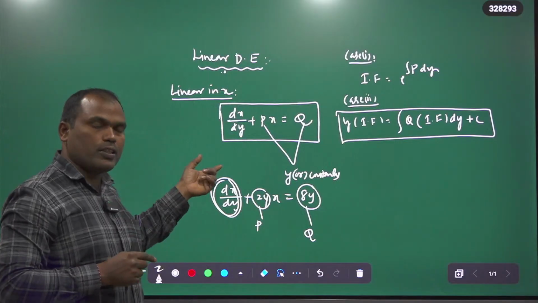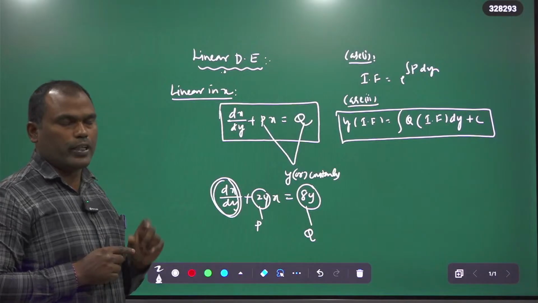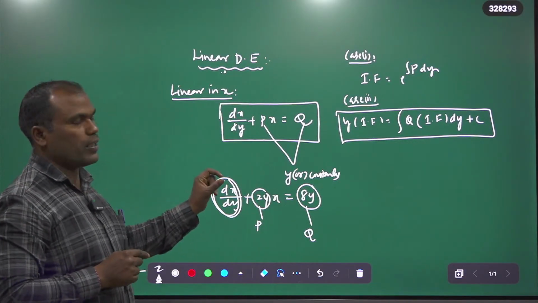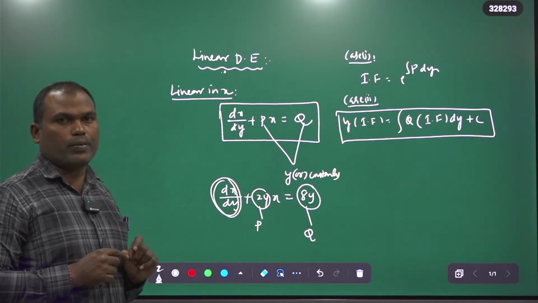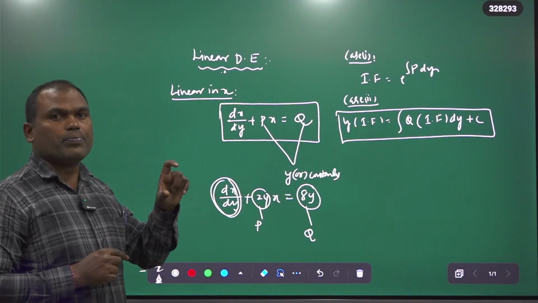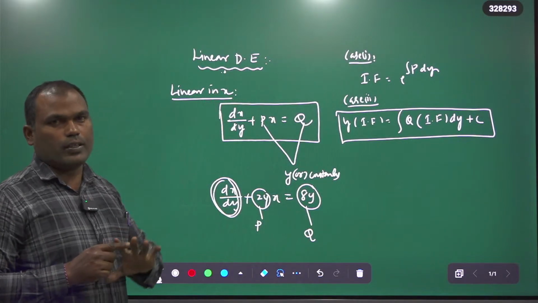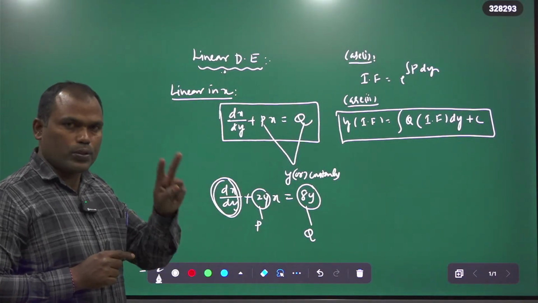And a homogeneous differential equation means a differential equation of the form dy/dx = f(x,y)/g(x,y), both of the same degree. Then it is called a homogeneous differential equation. Homogeneous differential equations mainly have two cases.